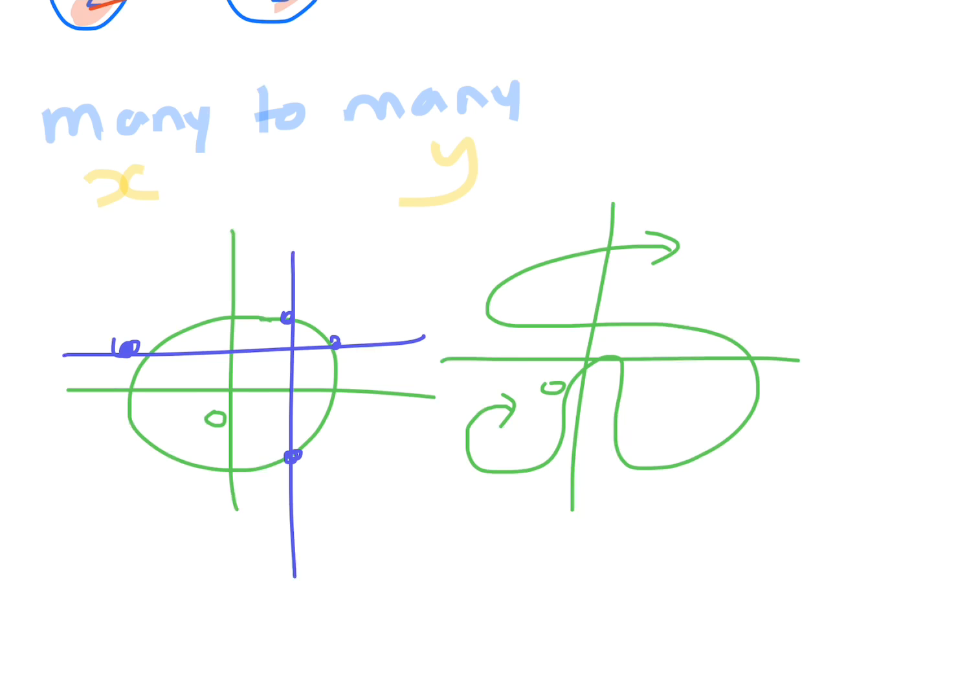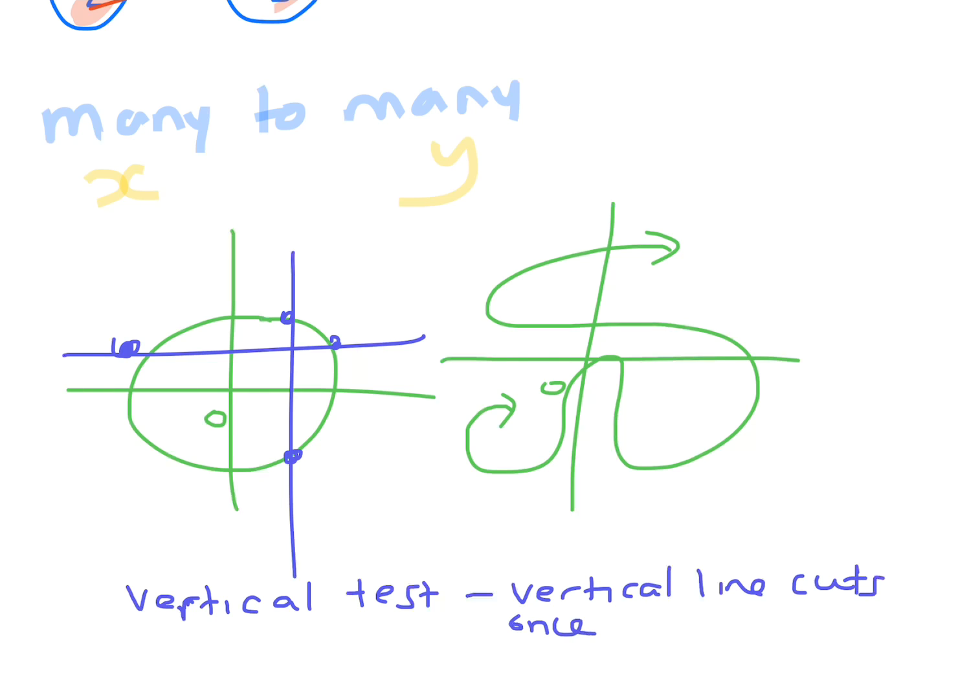So for the vertical line test, the vertical line has to cut once. So the vertical line cuts once. And for the horizontal line test, the horizontal line cuts once.